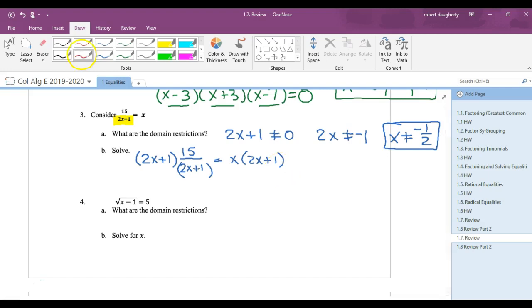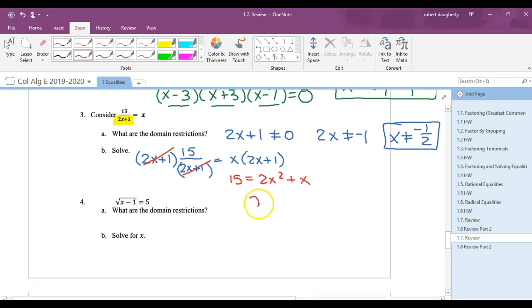The reason I do that is it's going to simplify the equation every time I see a fraction. So now I get 15 equal, this is what, 2x squared plus x. This is a quadratic. I don't like it equal to 15. I want it equal to 0.